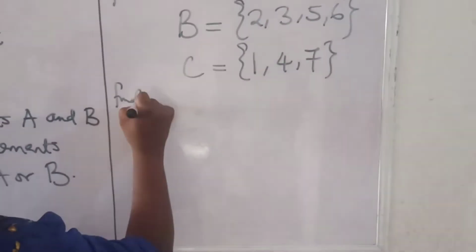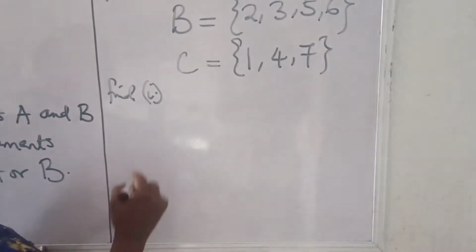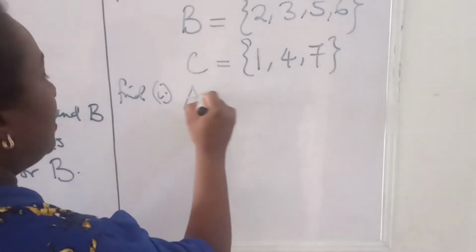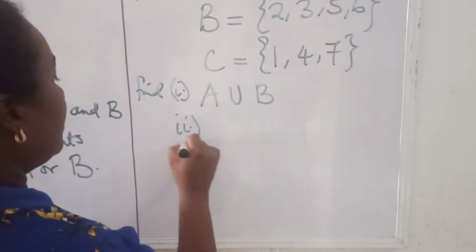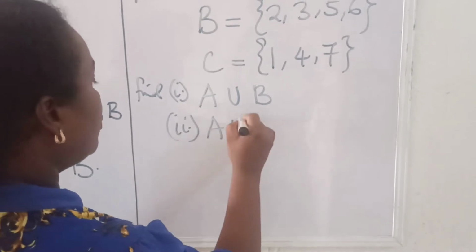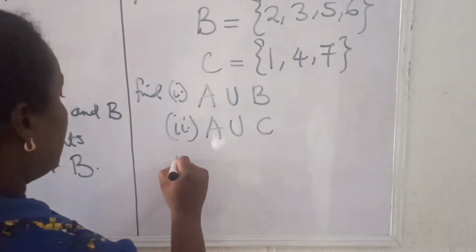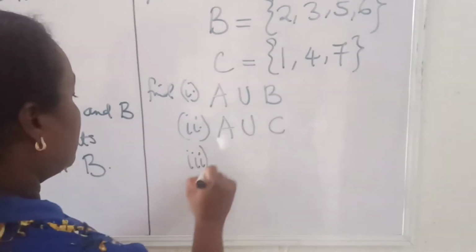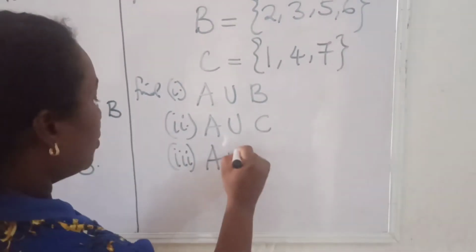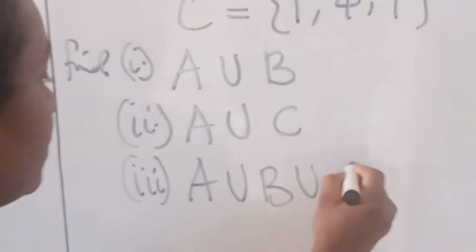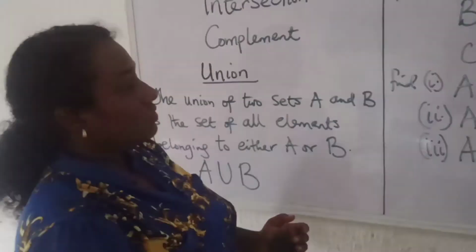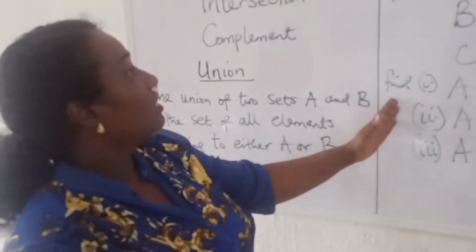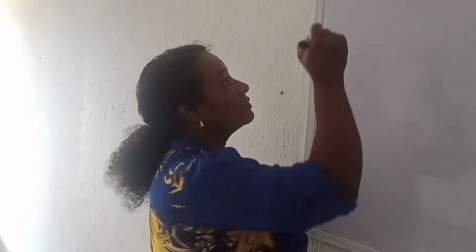Find one, A union B, two, A union C, and the third one, A union B union C. Okay, we are going to solve these three problems. Solution.